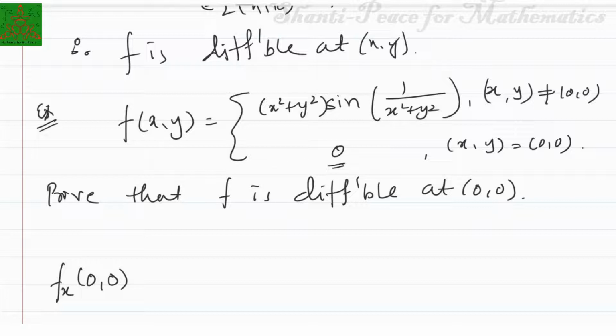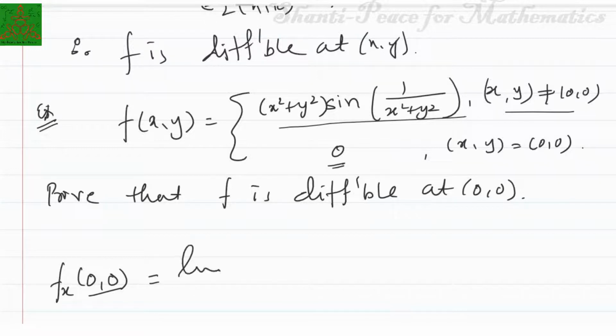So we cannot do the differentiation as we normally do, because this expression is defined only for non-zero values. Here we need to find the partial derivative with respect to x at point (0, 0), so we have to go by definition.